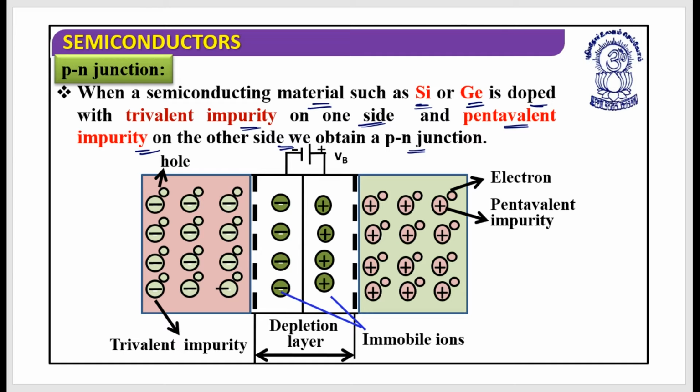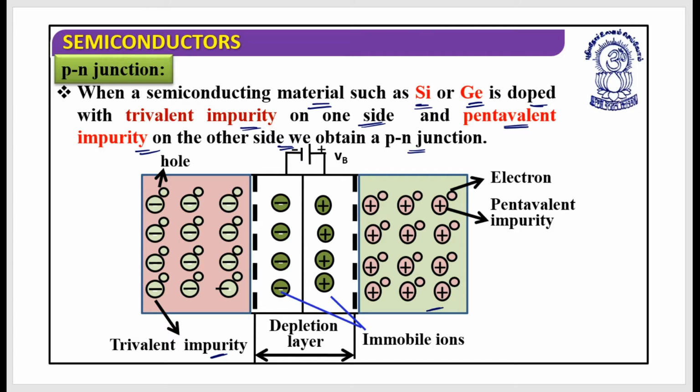As you can see in the diagram, in silicon or germanium material, on one side we have added a trivalent impurity. As we discussed in the last class, when we add a trivalent impurity to an intrinsic semiconductor, it will have more holes, and holes behave as the majority charge carriers.